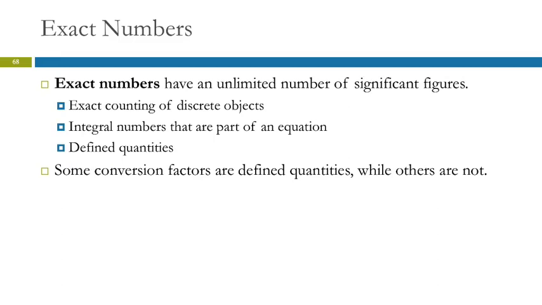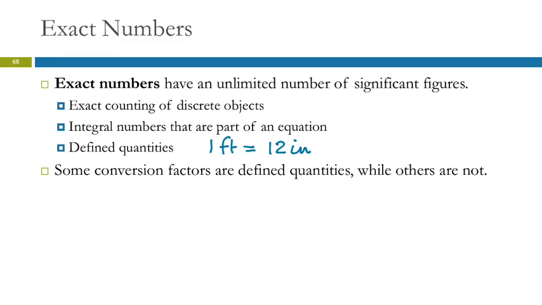So defined quantities include relationships between units. So 1 foot is how many inches? 12 inches. Is there any uncertainty in that? No, a foot is exactly 12 inches because we said it was.